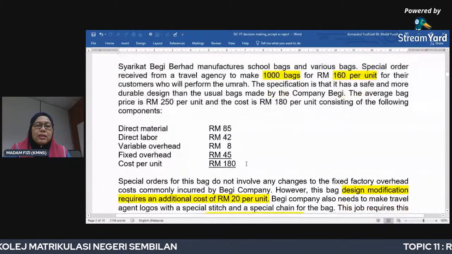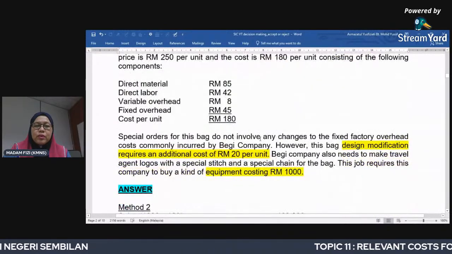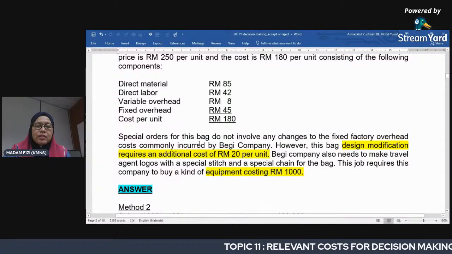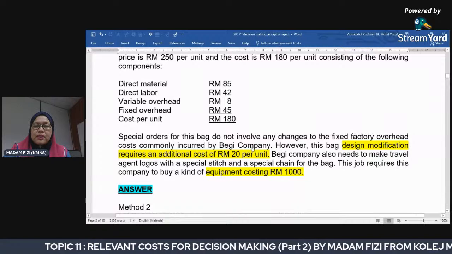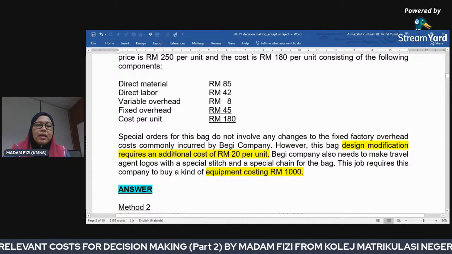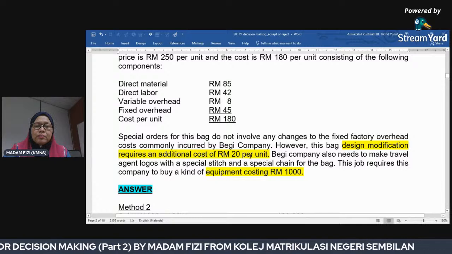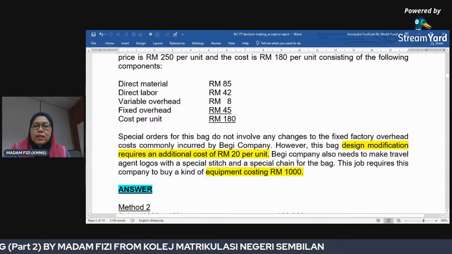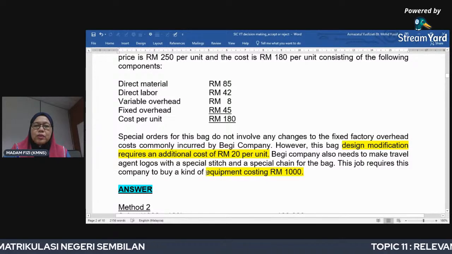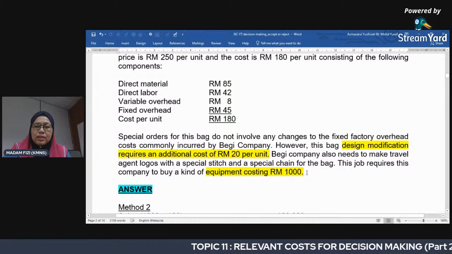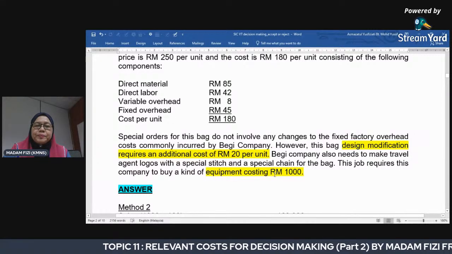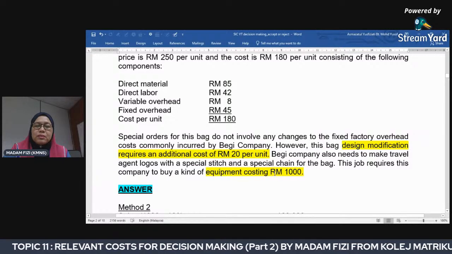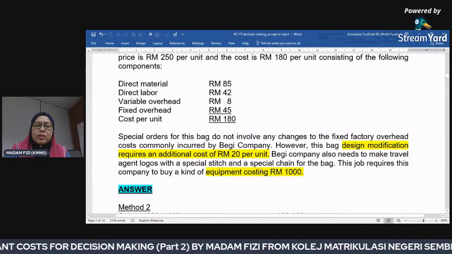Kita baca lagi. The special order for this bag do not involve any changes to the fixed factory overhead costs commonly incurred by Begi company. However, this bag design modification requires an additional cost of 20 ringgit per unit. And then this job requires this company to buy a kind of equipment costing 1,000 ringgit. Maksudnya kalau kita menerima special order ni, these are the costs involved.